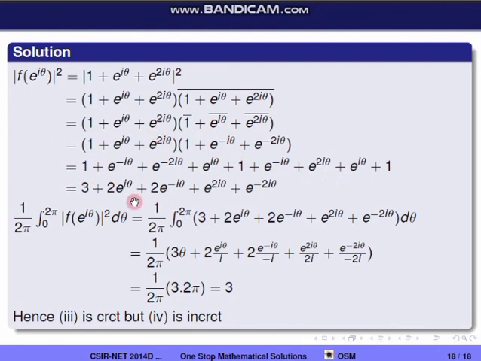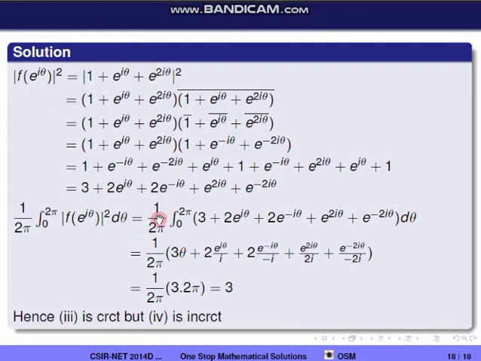Now simplify these terms. So this is equal to 3 plus 2 e raised to i theta plus 2 e raised to minus i theta plus e raised to 2 i theta plus e raised to minus 2 i theta. Now find the integral value 1 by 2 pi integral 0 to 2 pi modulus f of e raised to i theta whole square d theta. So substitute this value here.